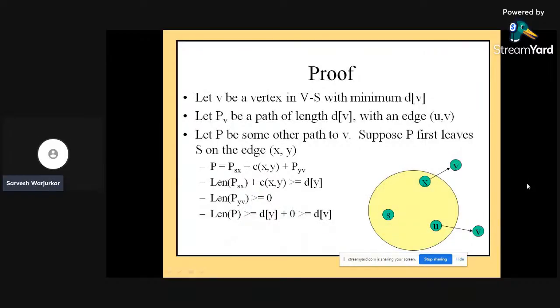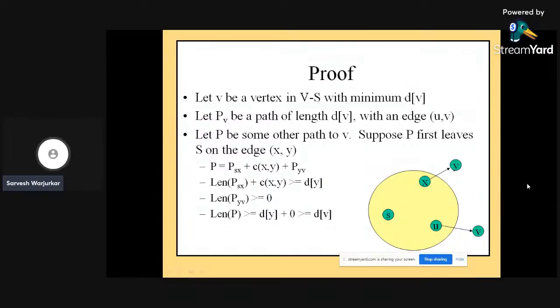Next, we can also solve it by using the proof. Let v be the vertex in V minus S with minimum dv, and with the edge u and v, where you will let p be the sum of the path to v, where suppose p first leaves s on the edge x comma y, which is already given over there.